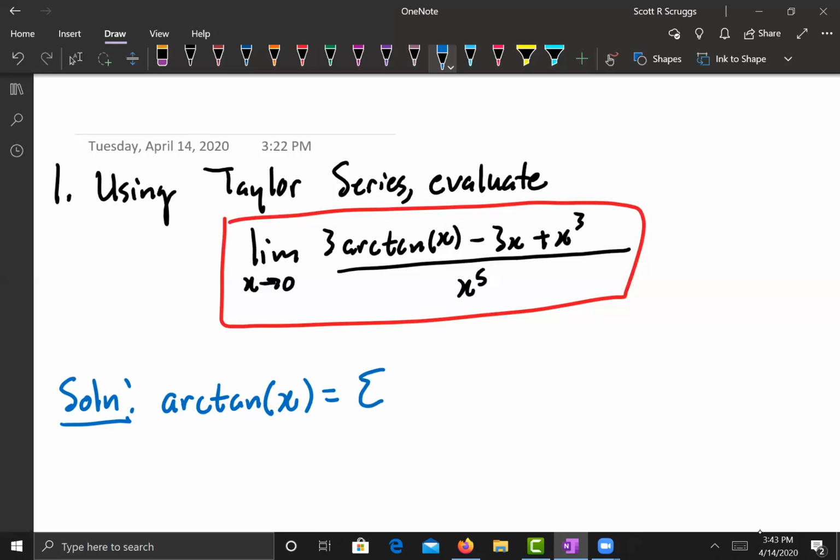We sum k goes from 0 to infinity, but what should go inside the series? Give you a minute to type that down and let me know while I take a sip of my tea.